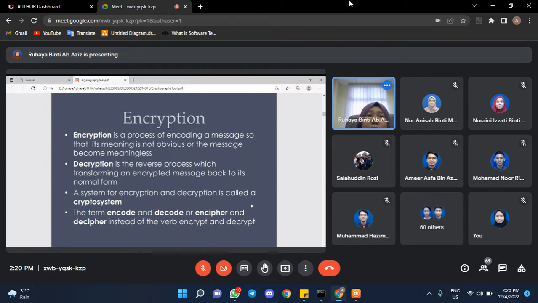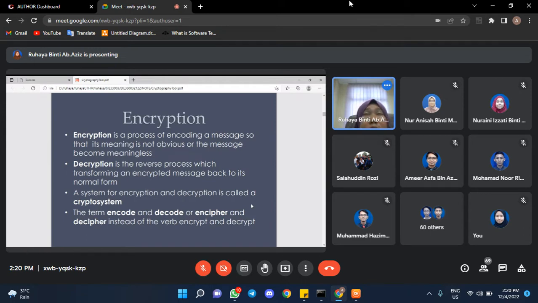So yeah, encryption, and the other word is decryption. Decryption is the reverse process, which transforms an encrypted message back to its normal form. When you have encrypted the message and sent it, the other party needs to decrypt the message to make sure they can read and understand what you sent.